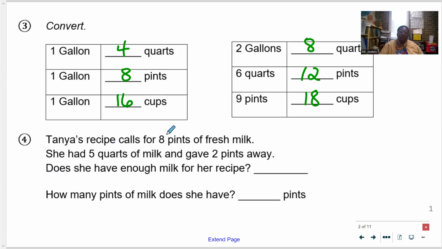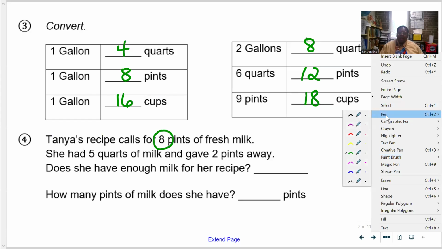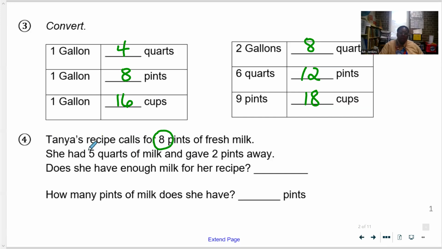So the recipe she has, she needs 8 pints, but she had 5 quarts. Well, now let's see if we can figure out how many pints are in 5 quarts. So there are two pints for every quart. So she had 5 quarts. 5 quarts is equal to 10 pints.